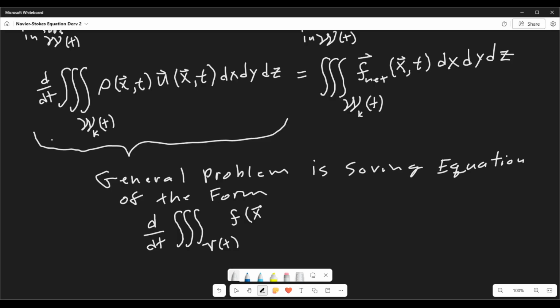And this function depends on space and time. And this is the volume. And the question is what this goes to.